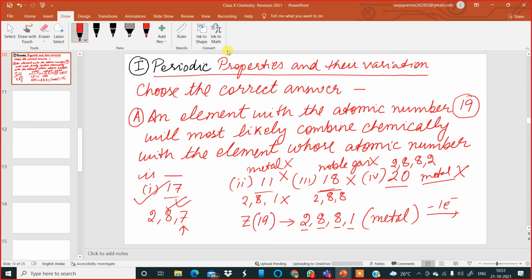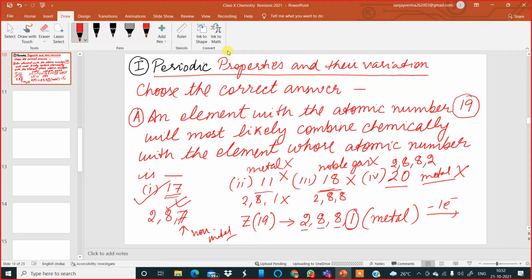But here, this atomic number 17 is a non-metal. So there is a transfer of an electron from this metal, atomic number 19, to a non-metal, atomic number 17, which has 7 electrons in its valence shell. So the next question is, what type of bonding is happening over here?